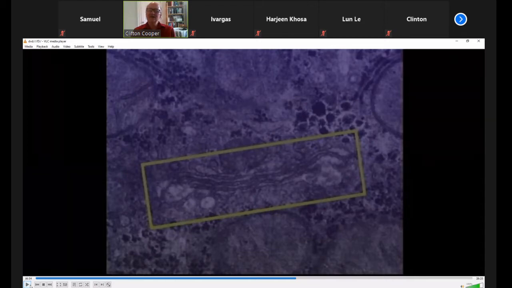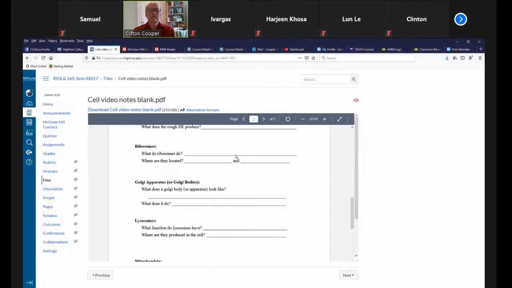Again, the sound cut out. So what would you say that that Golgi looks like? Flat stacks on top of each other. Yes. Looking almost like a stack of pancakes, except the individual stacks are not quite touching each other. There's a little separation between those.